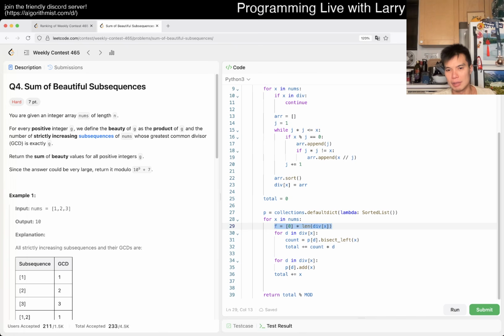So for each one of these, and these are all sorted. And now, don't you have to figure out the branching? I don't know. Maybe not.